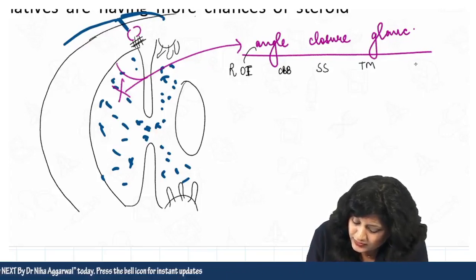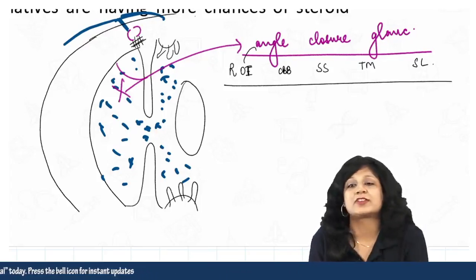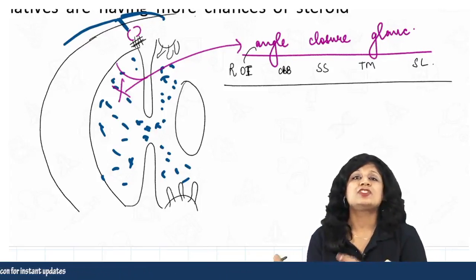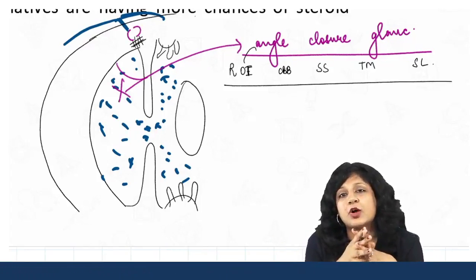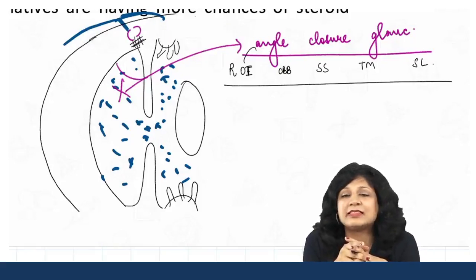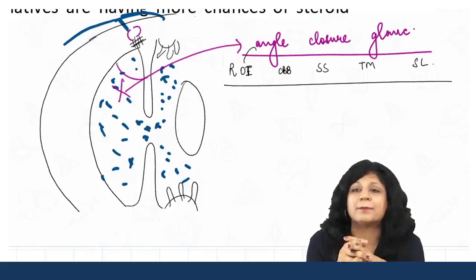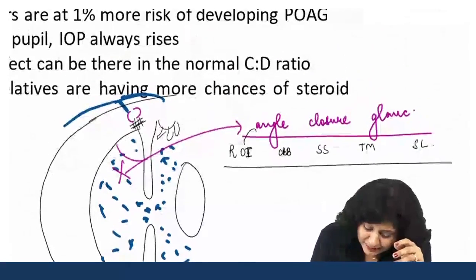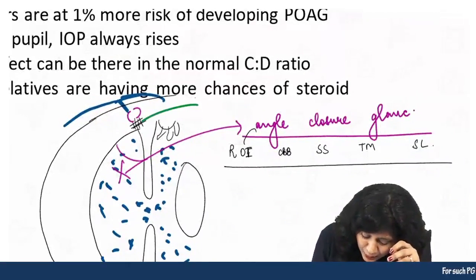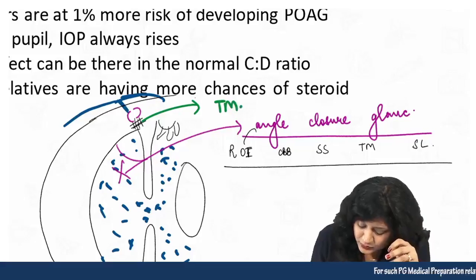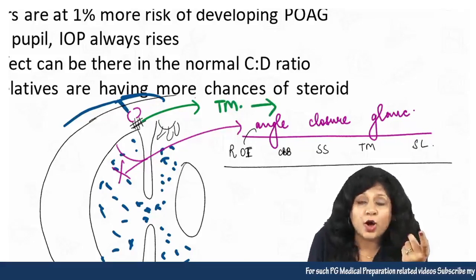So if any of these structures are not visible, there are chances that there is an obstruction in the flow of the aqueous humor, and that is called as the angle closure glaucoma. Then we say that if there is some blockade at the level of the trabecular meshwork, so trabecular block leads to the open angle glaucoma.